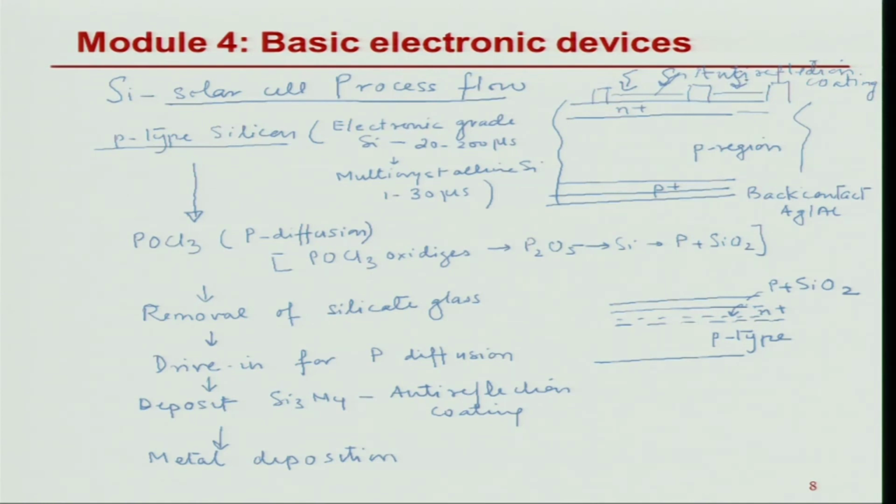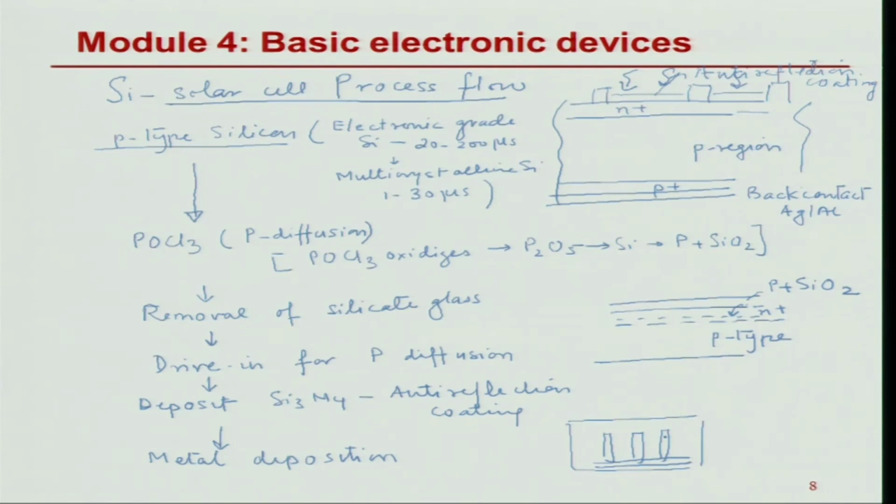So what is done is, this metal deposition is in interdigitated fingers, where you make sure that there is enough free area for the light to go in, and you are able to collect the electrons which are generated. So this is the top contact structure.